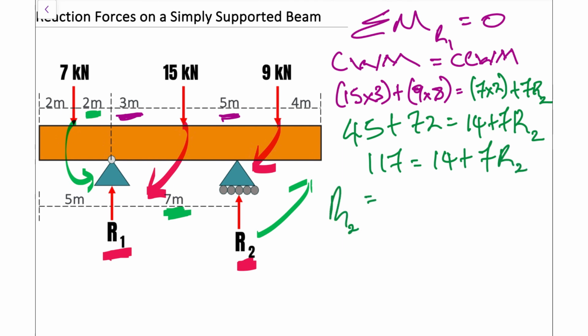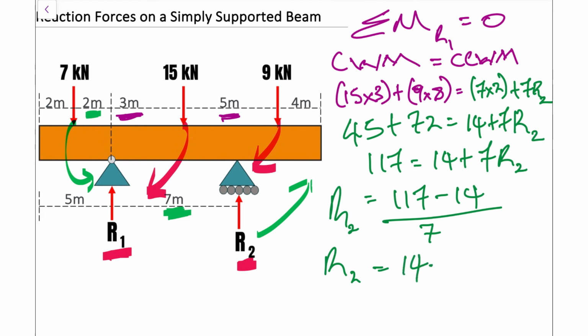If we do inverse operations here, then that will simply be 117 minus our 14, all divided by 7. So we get the value of R2 now, and that will give us 14.71, and that's kilonewtons.